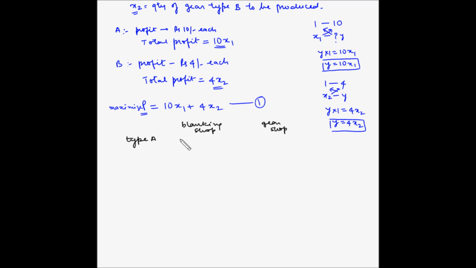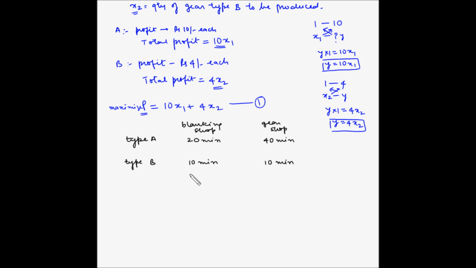So each gear of type A needs 20 minutes of processing in the blanking shop and 40 minutes of processing in the gear shop, while each gear of type B needs 10 minutes of processing in the blanking shop and 10 minutes of processing in the gear shop.